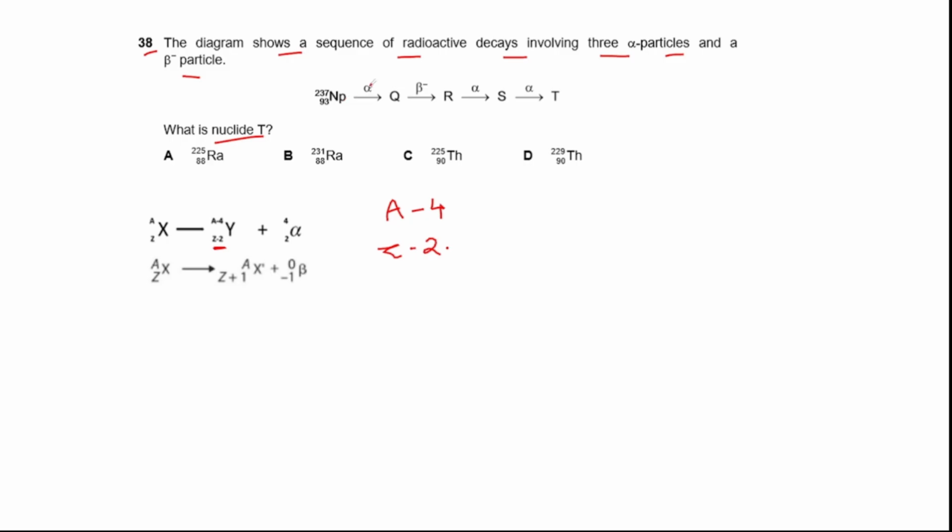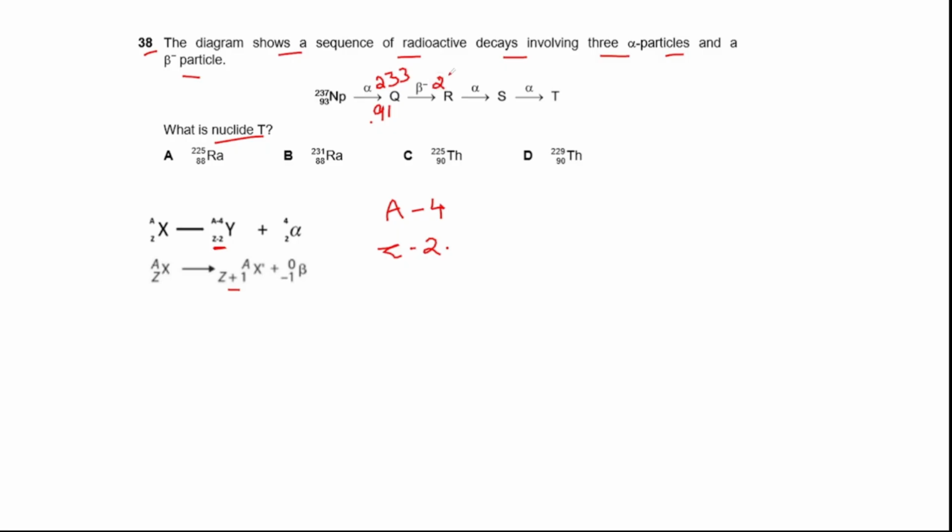For the first one, it is an alpha decay, so 93 will change into 93 minus 2, that is 91, and 237 will change into 237 minus 4, that is 233. Then for the beta decay, the proton number increases by 1 and the mass number stays the same.